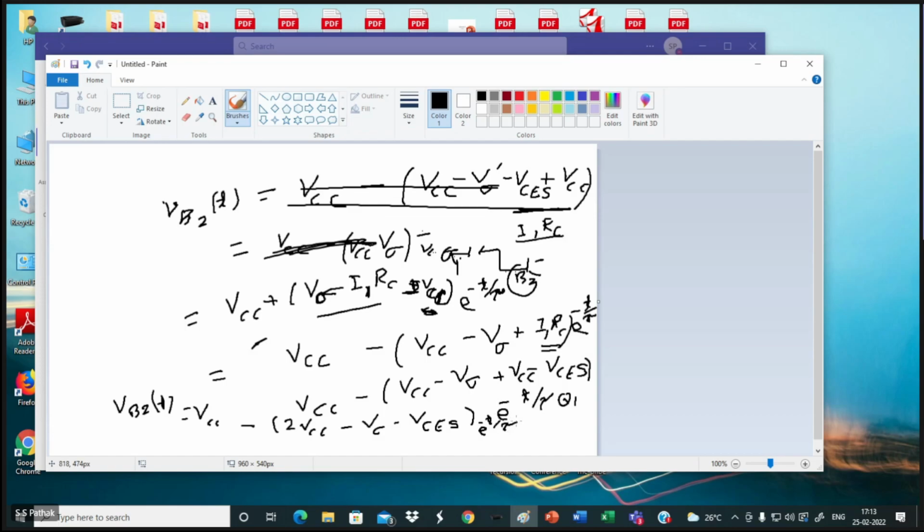Okay, now I can go for the manipulation. I create room here itself. You should not be having trouble in understanding that. I am erasing this portion. I'm making room here, okay?